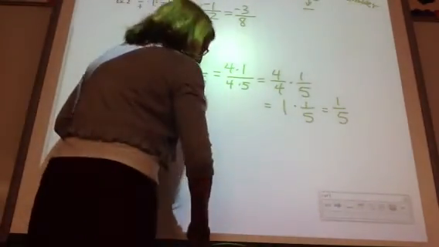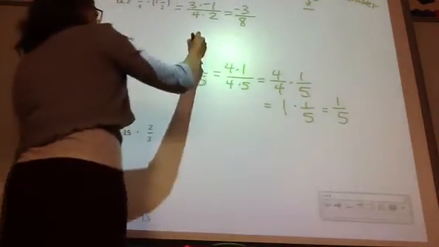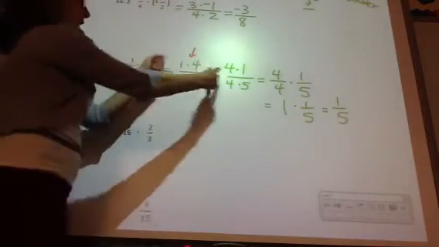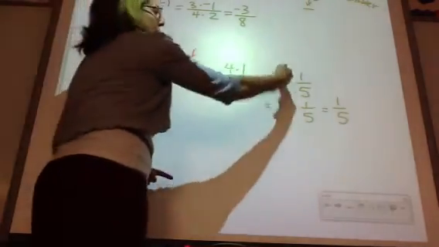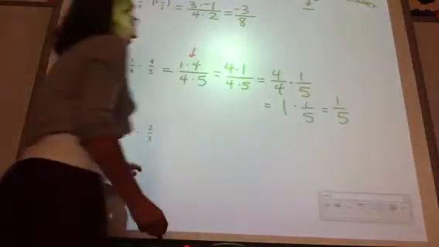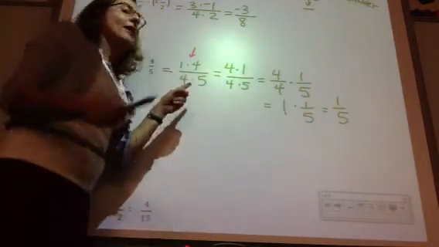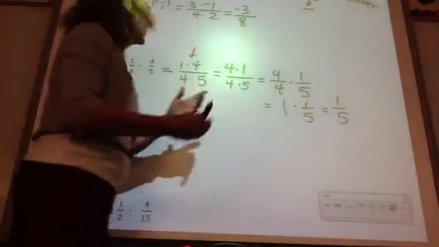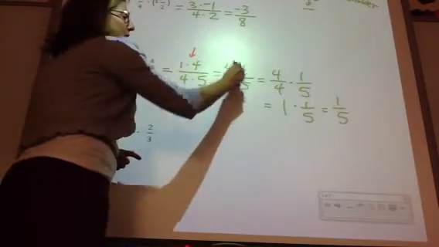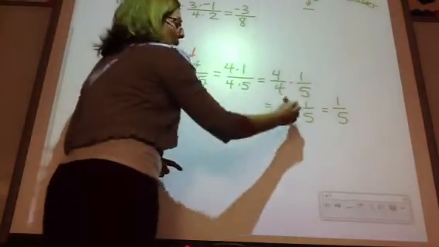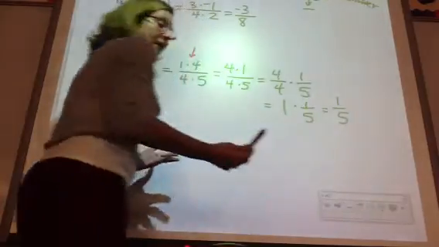So let's go back to this step right here. If I know that I can change the order of this factor and get 4 over 4 is 1 times 1/5, then that's where I'm dividing out common factors. It's the same thing, but it's because 4 over 4 is 1, and then I just have 1/5 left over.